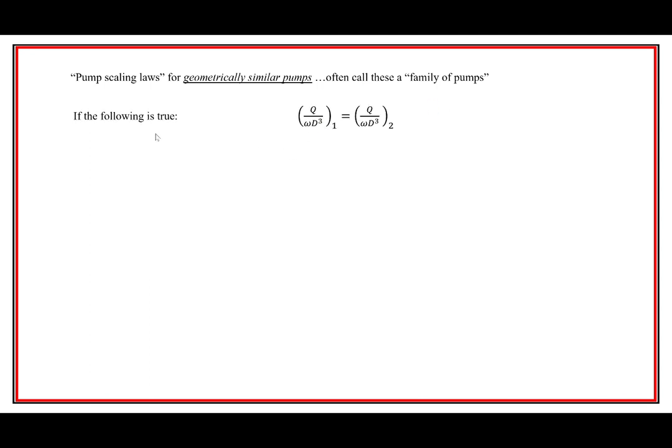And so if this rule is true, and this is like the main rule, and we want to make sure that usually the fluid's going to be the same, right? If that first rule is true right here, that the flow coefficient, then this head coefficient would also be true. And then this power coefficient, and then the efficiencies, we can predict those will be equal to each other as well.